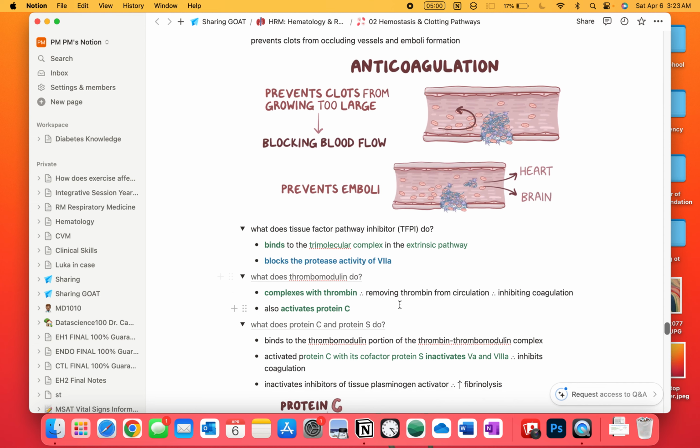Thrombomodulin. So this complexes with thrombin, removing thrombin from circulation. So thrombomodulin is removing thrombin. Again, we know that thrombin is going to promote those clotting factors. Therefore, thrombomodulin should inhibit coagulation, and it's going to be activating protein C. Thrombin would also be activating protein C, but I guess thrombomodulin probably just activates more.